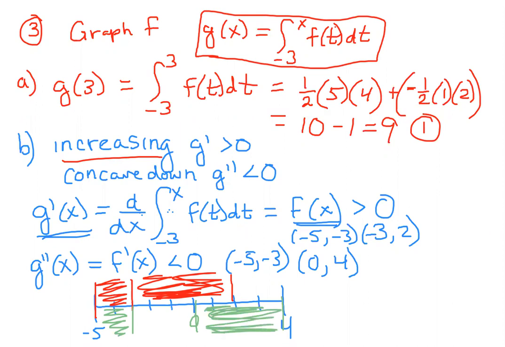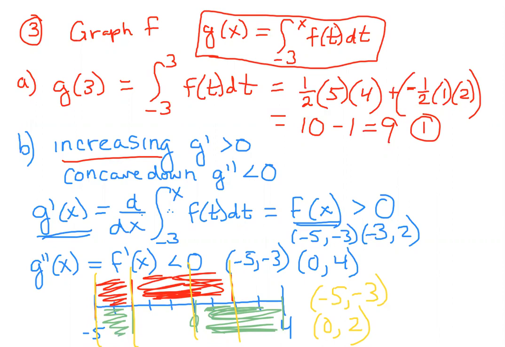So where are those overlapped? Well, they're overlapped right here from -5 to -3, and right here from 0 to 2. That is where both of those things are happening. And the question says to give a reason for your answer.